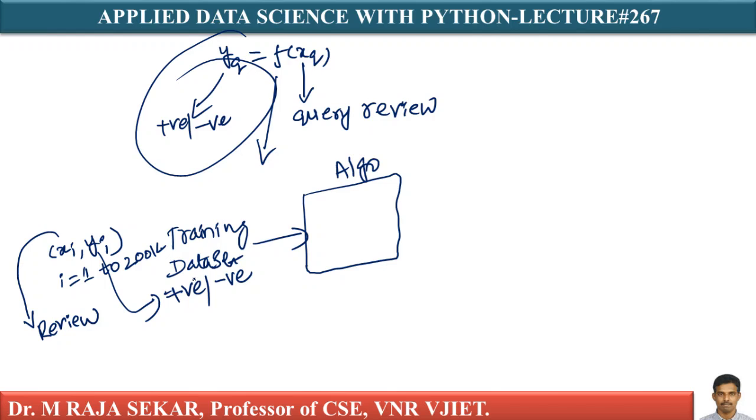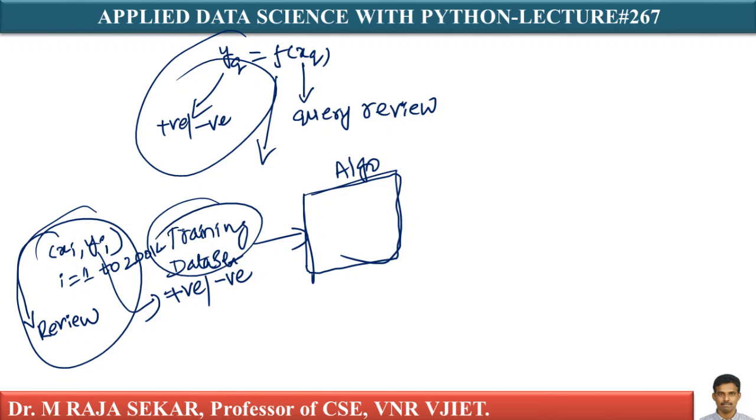Now the algorithm will take all of this input. This is called training data. This data set is known as training data because the algorithm trains on this data. Here you are giving xi and yi both.